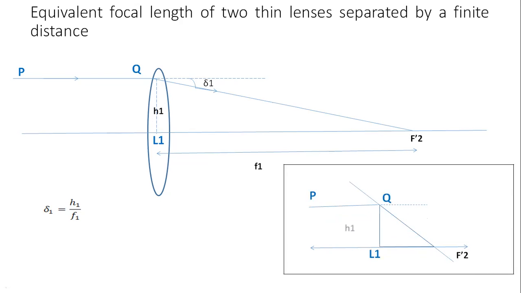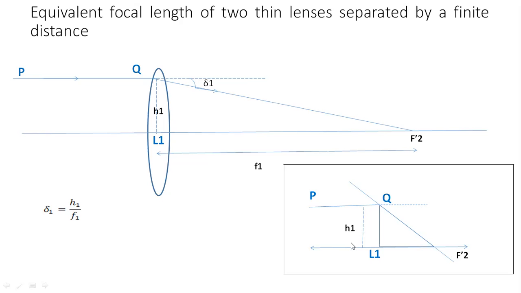Let me explain it. So this is the PQ. This is one straight line, and you have another straight line L1 f2 dash. I have drawn here. PQ is one straight line, and L1 f2 dash is another straight line.